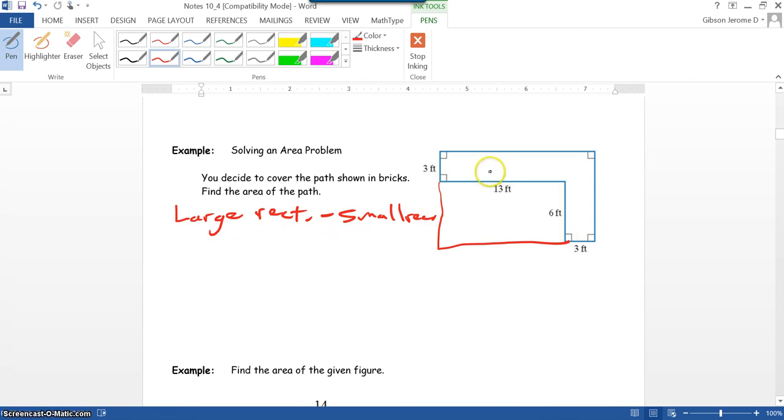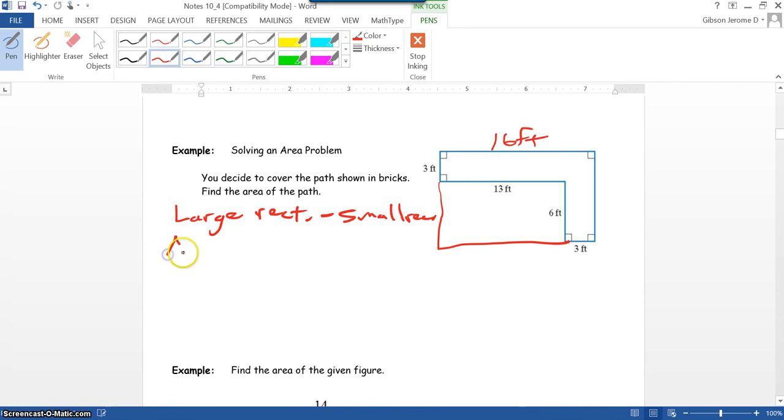Okay, so we take the large rectangle. We know this side 13 feet and this side 3 feet will be this complete side, which is 16 feet. Of course we know this is the area of the large rectangle minus the area of the small rectangle.